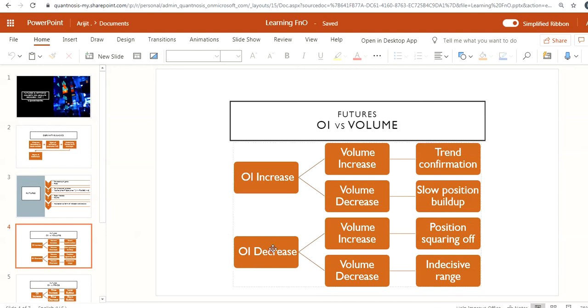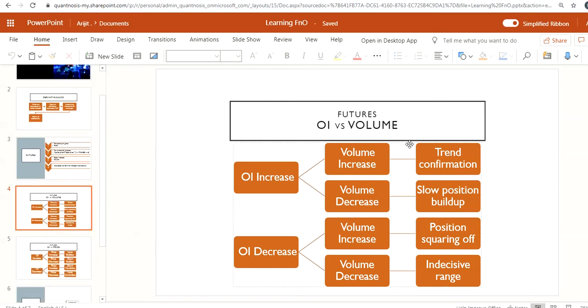If there is a decrease in open interest and volume increases, that means people are aggressively squaring off their existing positions, either buy or sell. If the open interest decreases and at the same time volume also decreases, that means the security is indecisive and making a range. In this way, with open interest and volume, you can deduce what kind of build up is happening, whether people are exiting, or whether a trend is becoming strong or not.